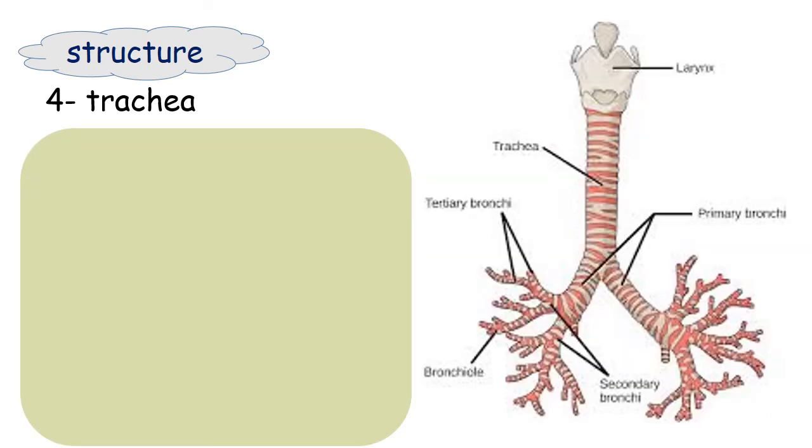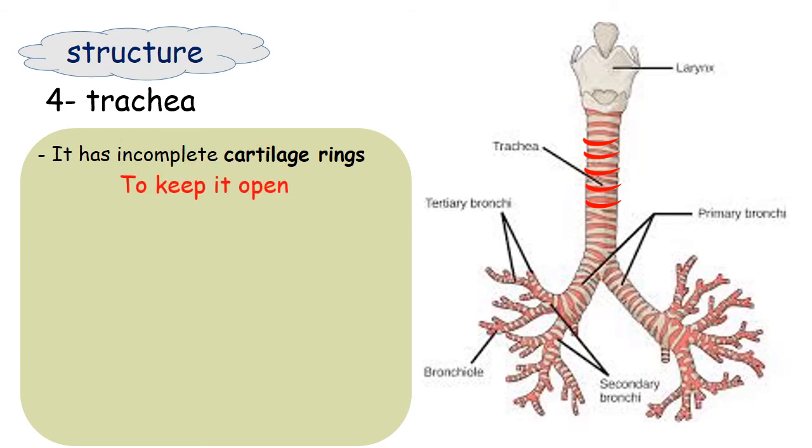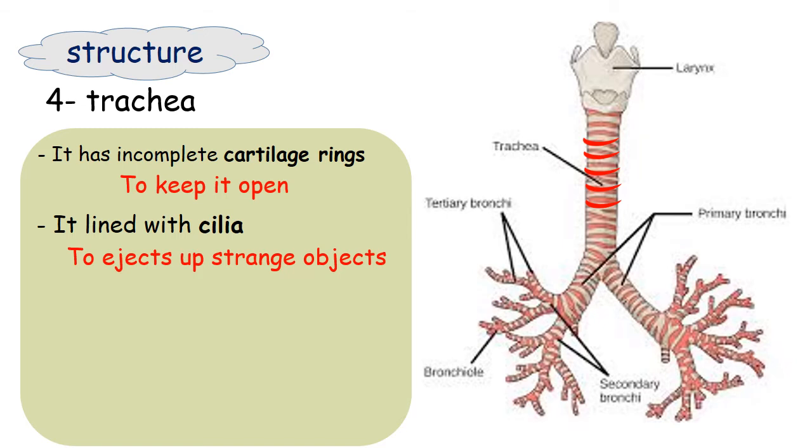Trachea. It has incomplete cartilage rings to keep it open. It's lined with cilia to eject strange objects.